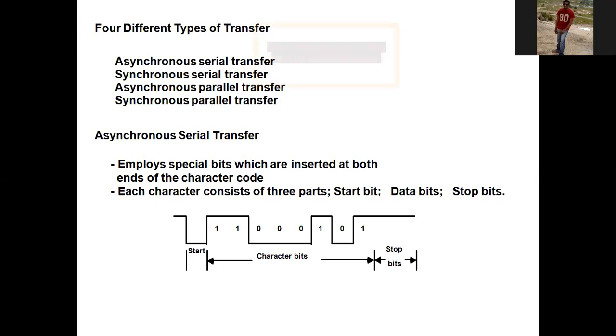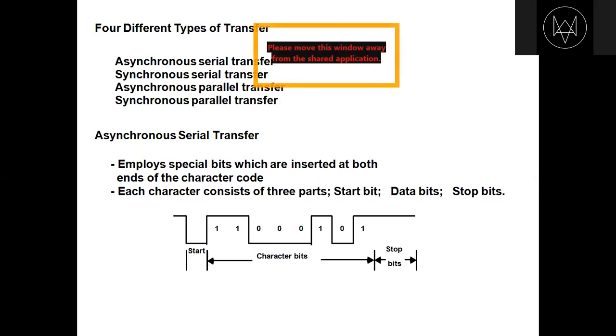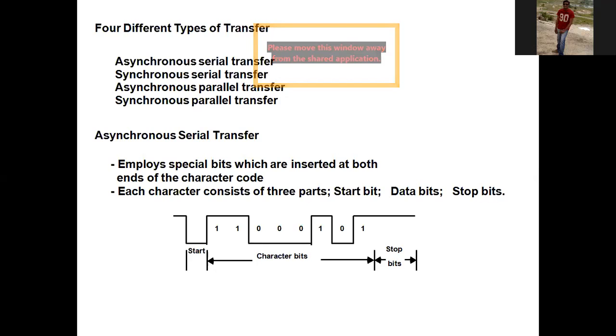Whatever data is valid, we consider in between the start bit and the stop bit. This type of data transmission is called what? Asynchronous serial transfer.